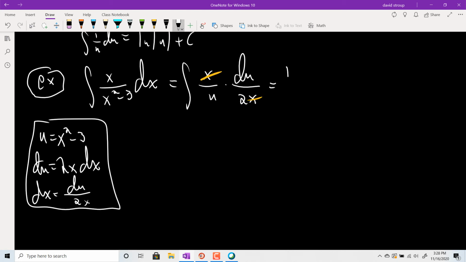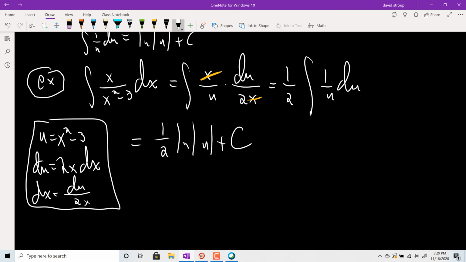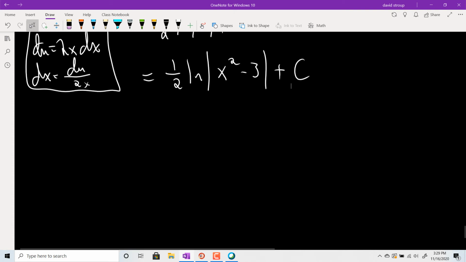You could factor out a 1/2 constant, and you're left with the integral of 1 over u du, which is the natural log integral. So you get 1/2 ln absolute value of u plus c, and then you back sub. Don't forget your absolute values: x squared minus 3, plus c. Let's keep on going.